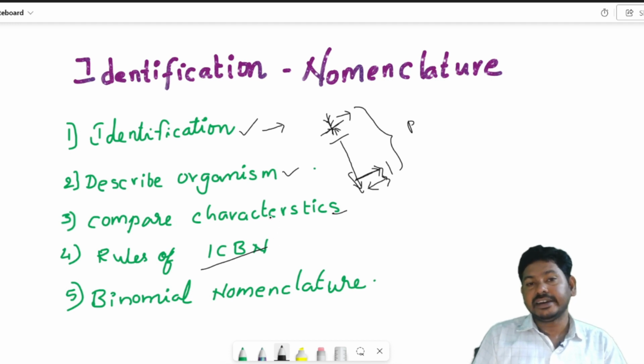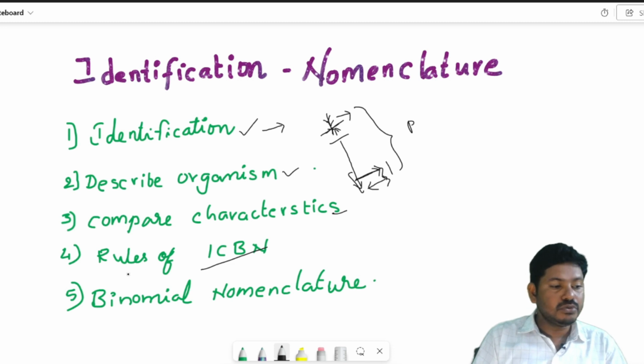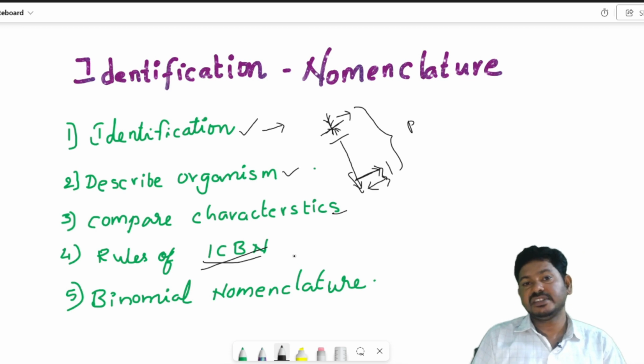These are agreed principles, so rules. What are the rules by ICBN? We should know what ICBN is. What is the full form of ICBN? Here I means International, C means Code for Botanical Nomenclature. It is an internationally accepted code.